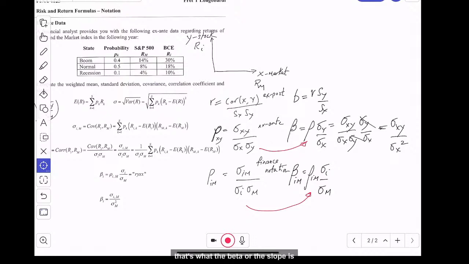That's what the beta or the slope is picking up. The covariance per unit of variance.